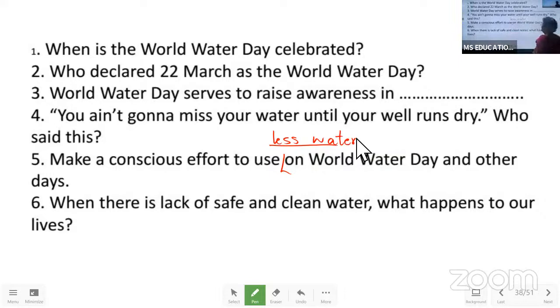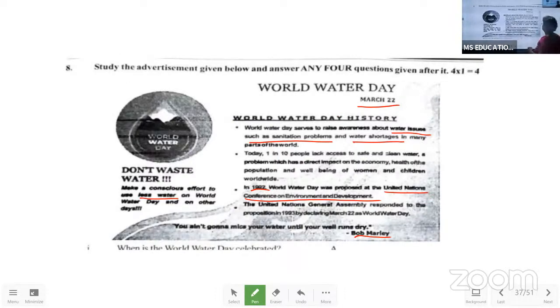Next, when there is lack of safe and clean water, what happens to our lives? There will be a direct impact on the economy, health of the population, and well-being of women and children, not only in your country, but the whole world.